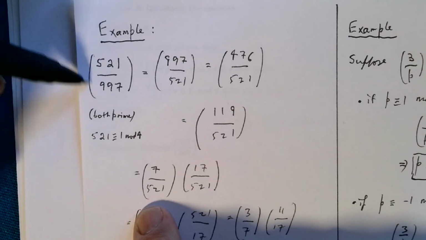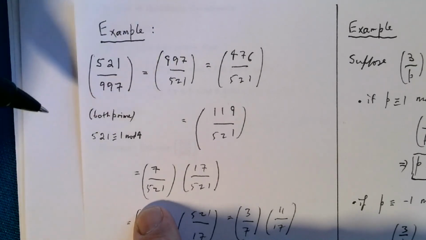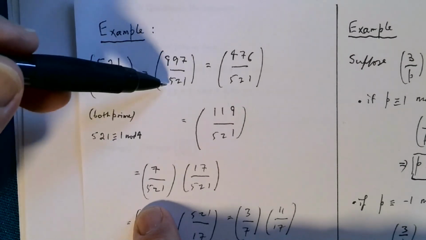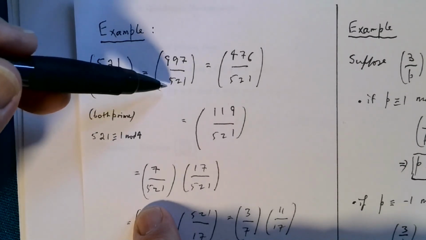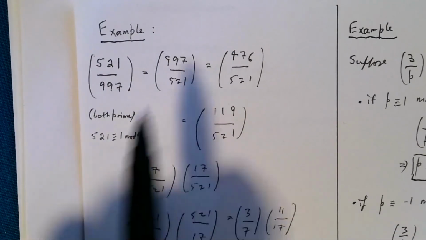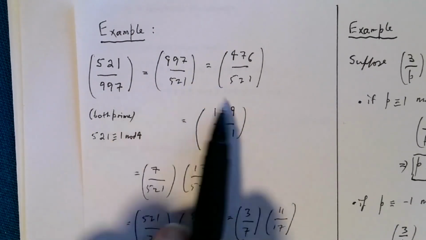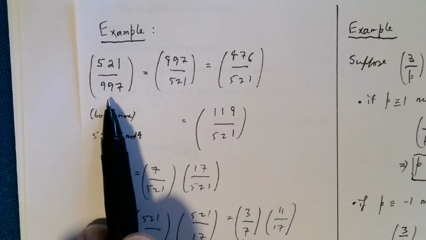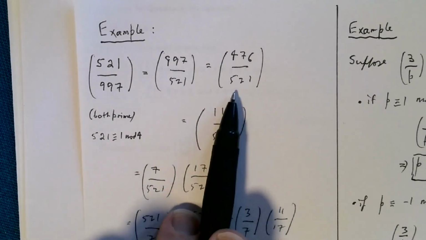I can interchange these two. Now the point about that is I can then read this one modulo 521. So I take that minus that, which is 476, and you see the numbers are getting reduced, and I've now replaced the denominator here, which was a larger prime, by a smaller one.